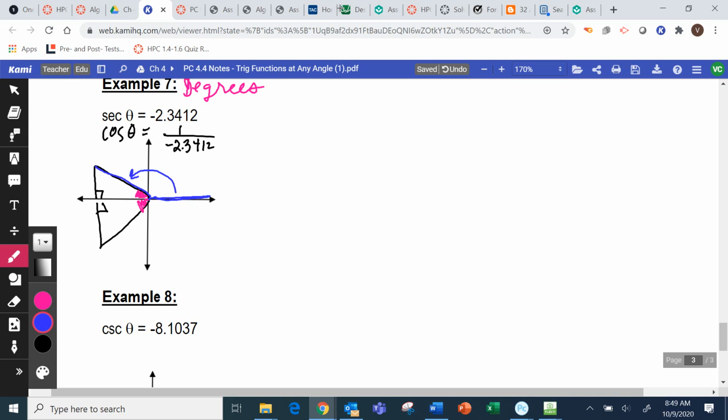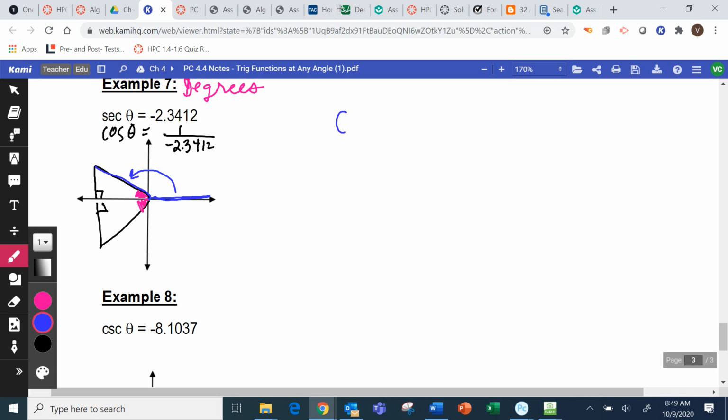Is there a secant inverse button on the calculator? There is not. What inverse button do I have? Cosine. So the fact that I reciprocated that already, that was actually my first step. We do not have a secant inverse button. We have a cosine inverse button.